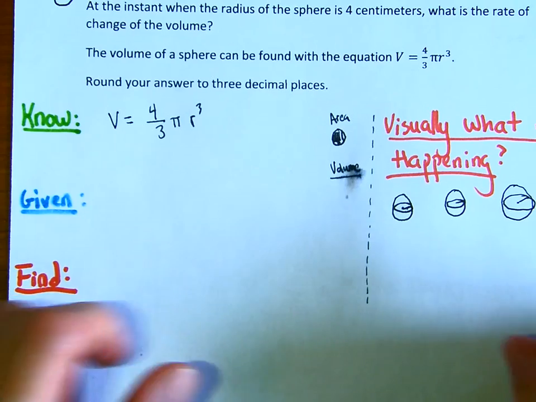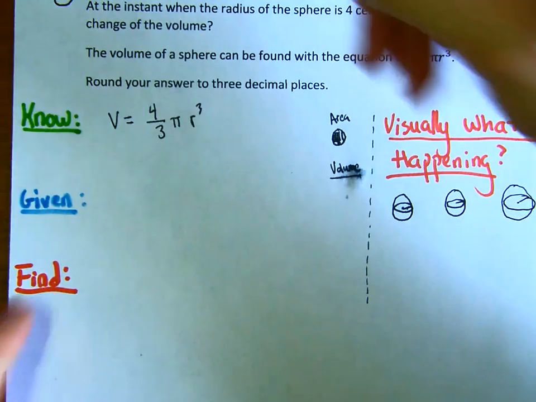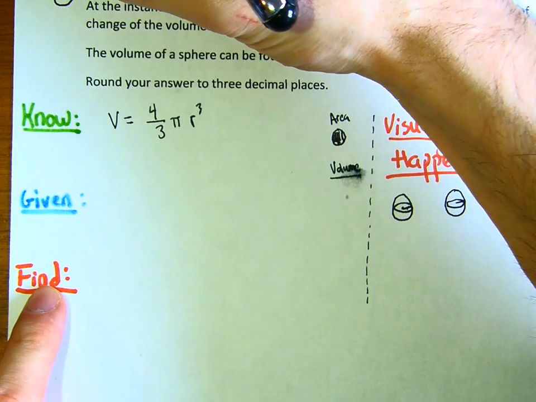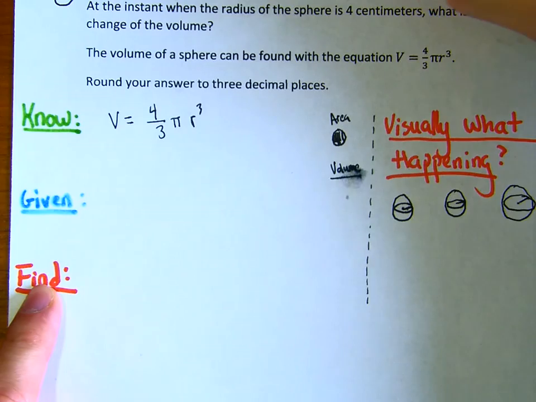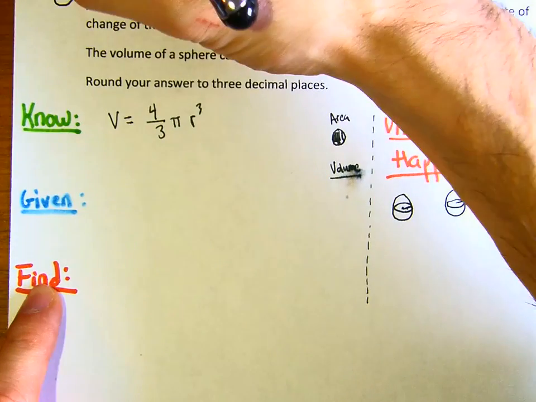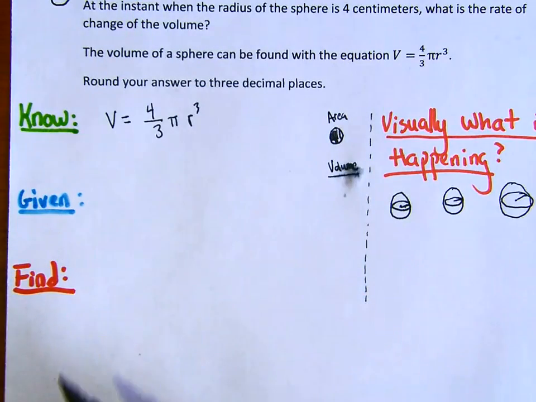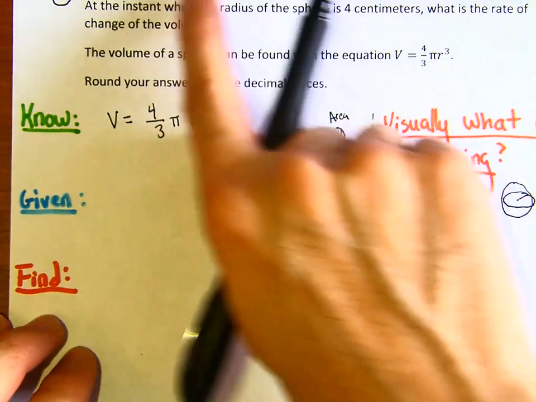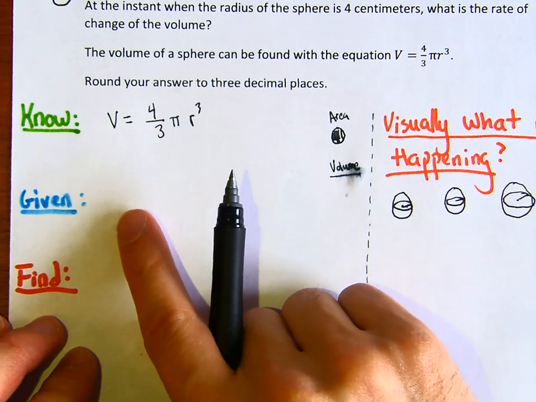Now, what are you given? The first sentence says the radius of a sphere is increasing at a constant rate of 3 centimeters per minute. What I'd like you to do is try to translate this sentence into a given fact.